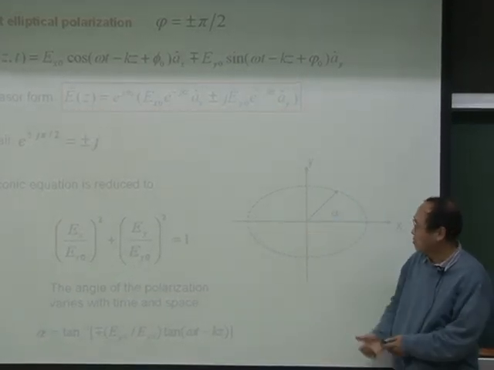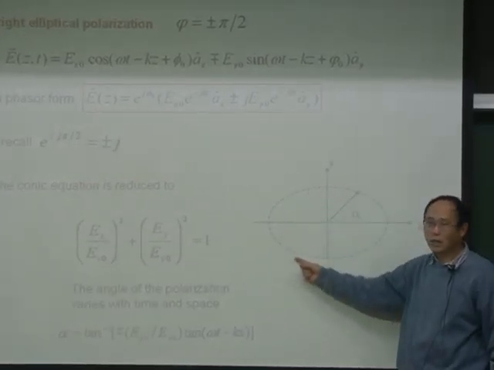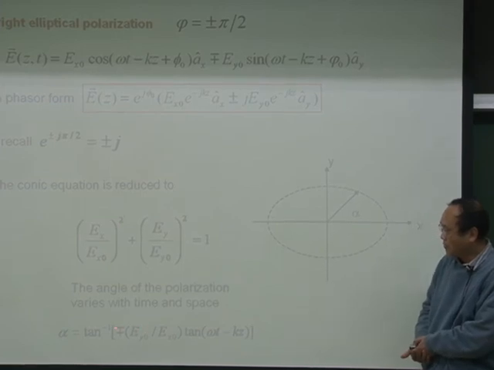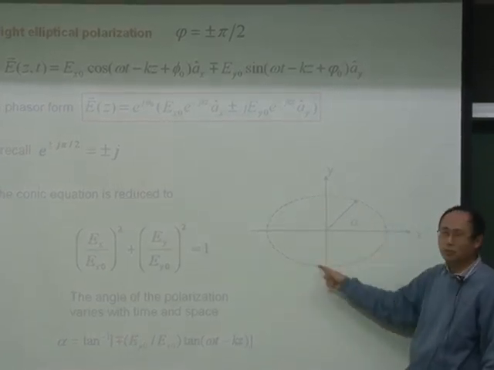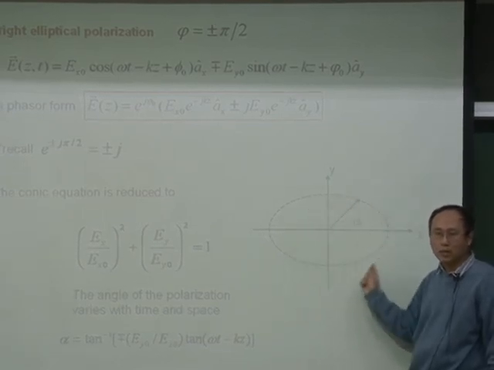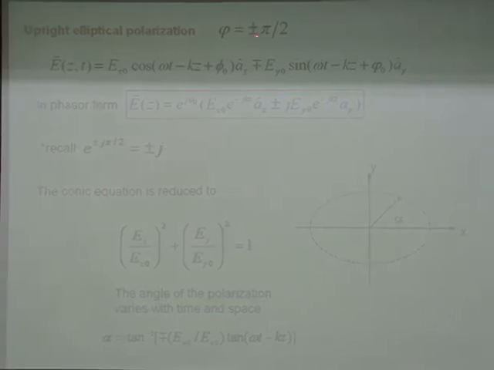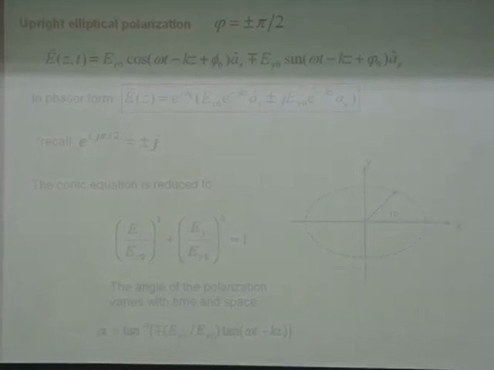Okay, so for this plus sign, this alpha is going to rotate to the left. For alpha, if you pick up this minus sign here, this alpha is going to go this clockwise rotation.